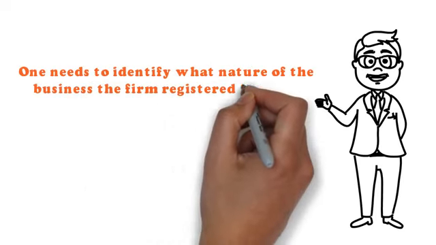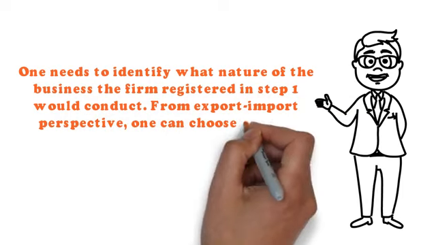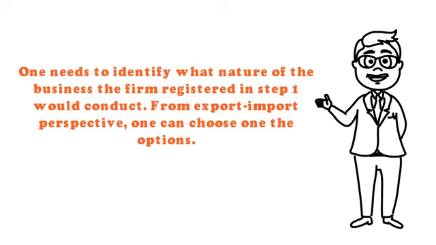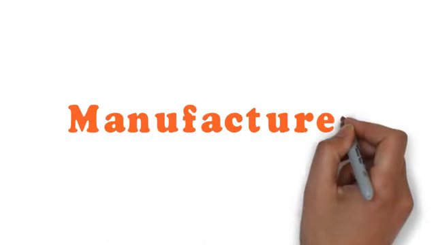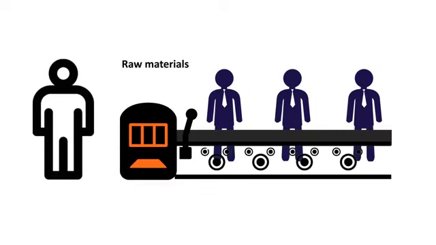Step 2. One needs to identify what nature of business the firm registered in Step 1 would conduct. From an export-import perspective, one can choose any one of the options. Manufacturer. A manufacturer has a unit which takes in raw materials and processes them to create finished goods.